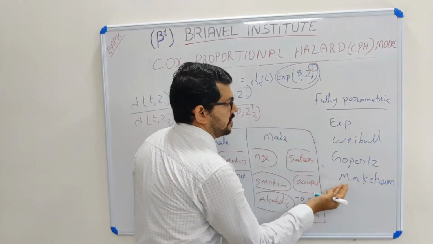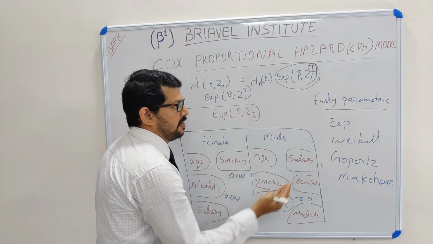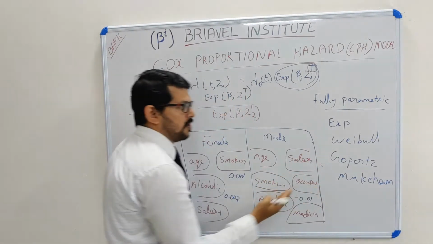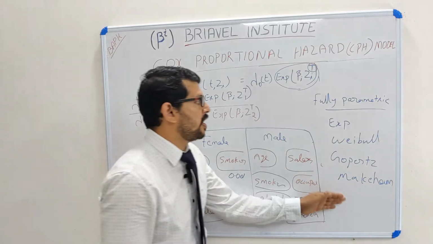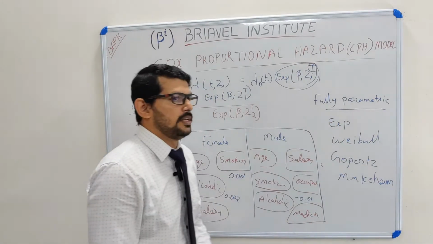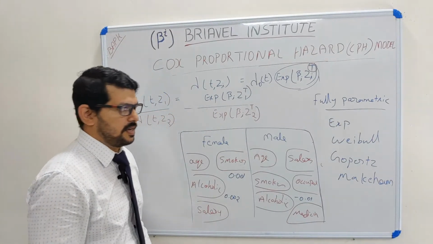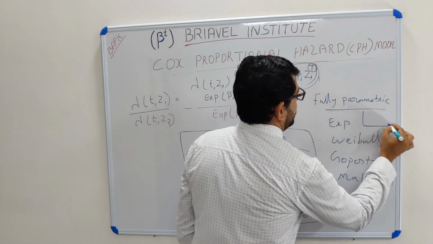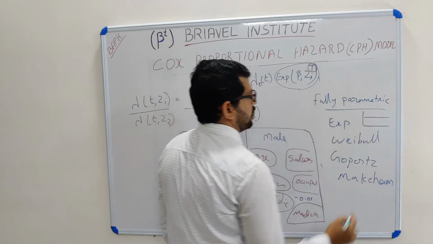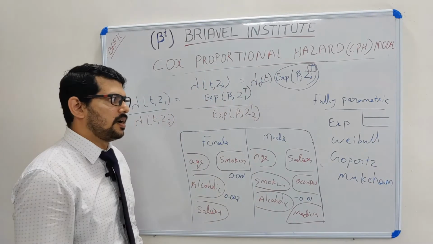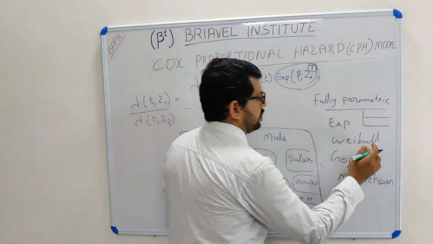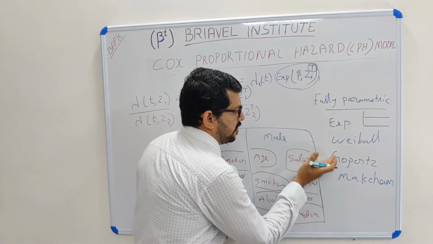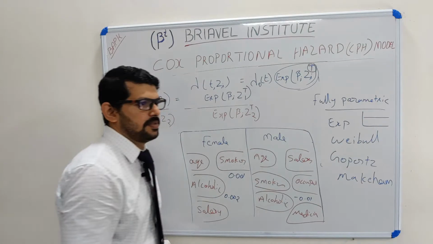So what values did we receive from our mortality investigation? These values have to be substituted in the exponential distribution. In an exponential distribution, if you substitute the values, you get a constant hazard. If it is variable, it will be a decreasing hazard. So different models have different behavior.